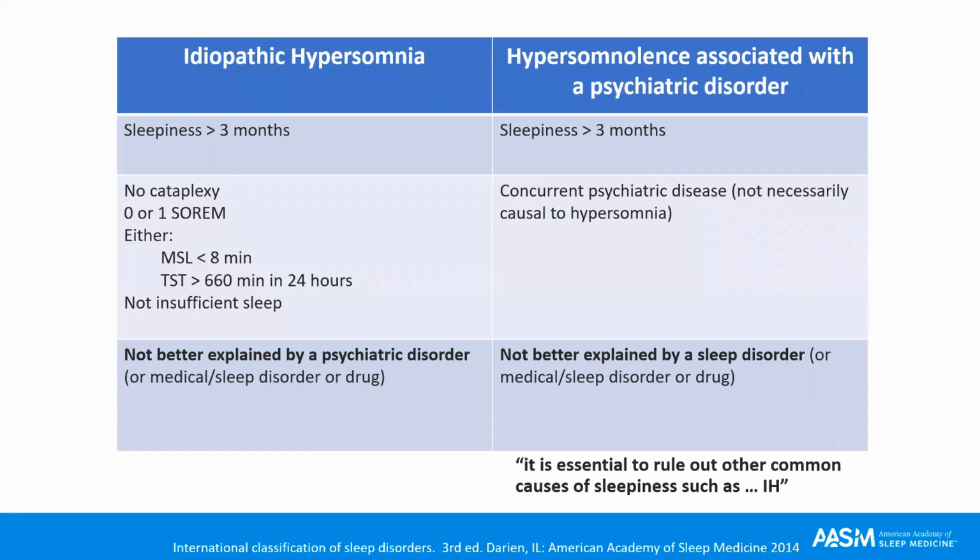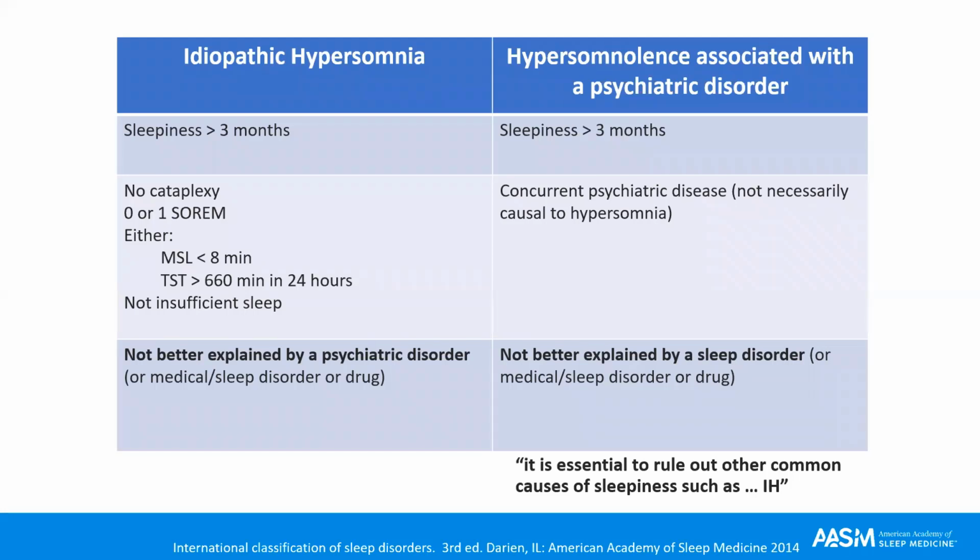And so if you look at the diagnostic criteria for idiopathic hypersomnia, which we'll get to in a little bit, compared to hypersomnolence associated with a psychiatric disorder, they're hard to tease apart. They both have sleepiness for 3 months. There are some MSLT and objective testing criteria for idiopathic hypersomnia.